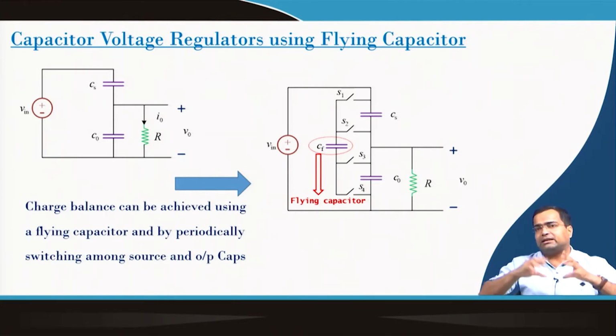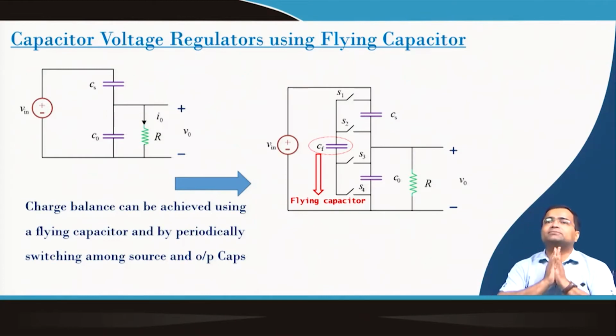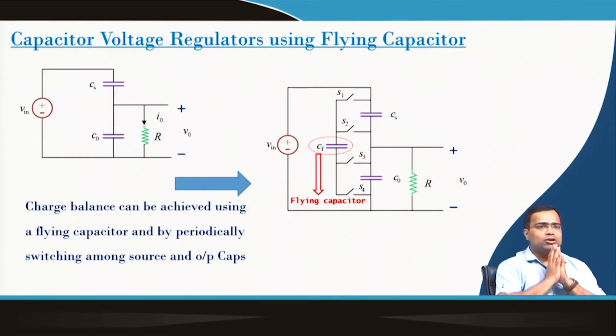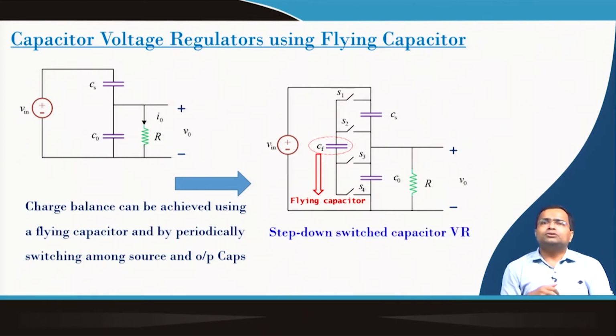So, it can be reconnected periodically back and forth between supply and the load, and we can maintain the charge balance. So, basically in order to get a voltage balance, we need to do charge balance. So, this can achieve step down voltage conversion, and these are called step down switched capacitor voltage regulators.